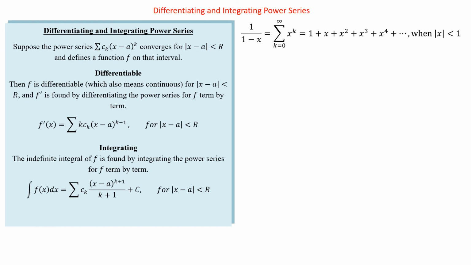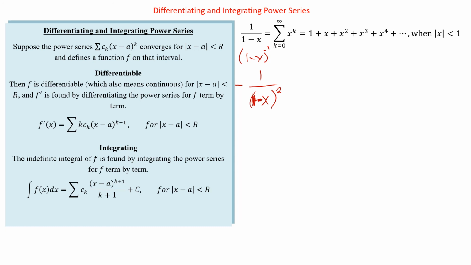Example: we have our geometric series. We're going to find the derivative of this. So the derivative of 1 over 1 minus x, that's (1 minus x)^(-1), will be negative 1 times (1 minus x)^(-2), or since it's 1 over, we'll square it.